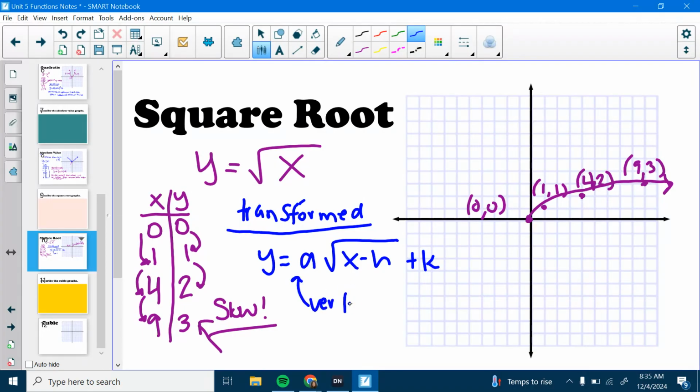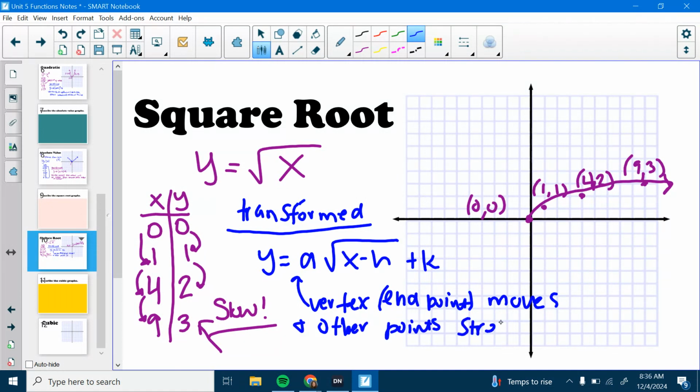The vertex, or in this case our low point, or our end point, moves, and other points stretch, shrink, or flip.